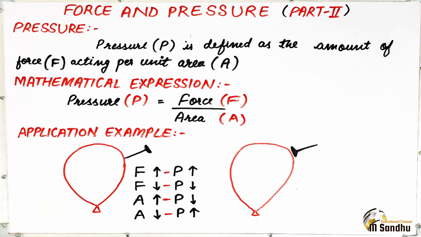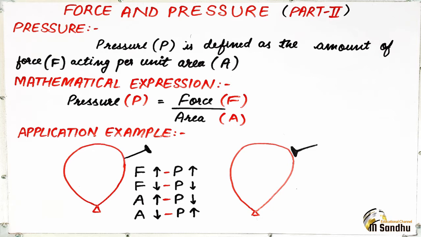You can see two balloons on your screen. In the first picture, we are trying to pierce a balloon with the sharp side of a nail. And in the second picture, we are trying to pierce the balloon with the other side of the nail. In which case would it be easier to pierce the balloon? It would be in the first case.